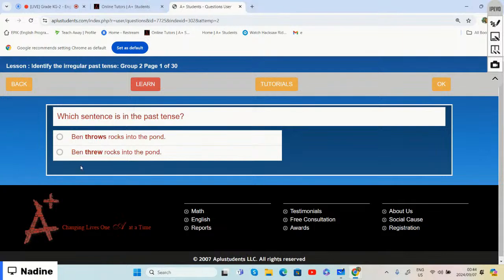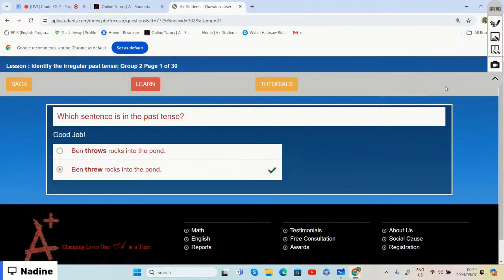And if we look at the correct word, we say Ben threw rocks into the pond. Option 2.